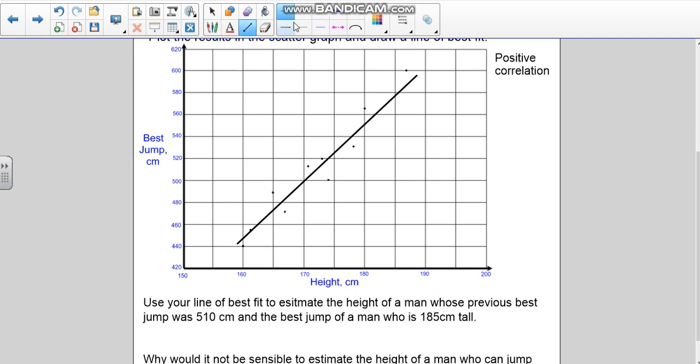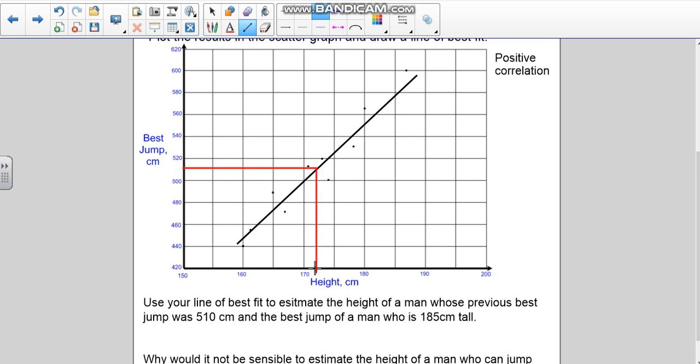Okay, so what we need to do, I'm going to choose a different colour. His previous best jump was 510 centimetres. So I'm going to look at best jumps, which is this scale. I'm going to find 510. So this is 500, this is 520. We're halfway between. I'm going to draw a line across to my line of best fit, and then I'm going to read down here.